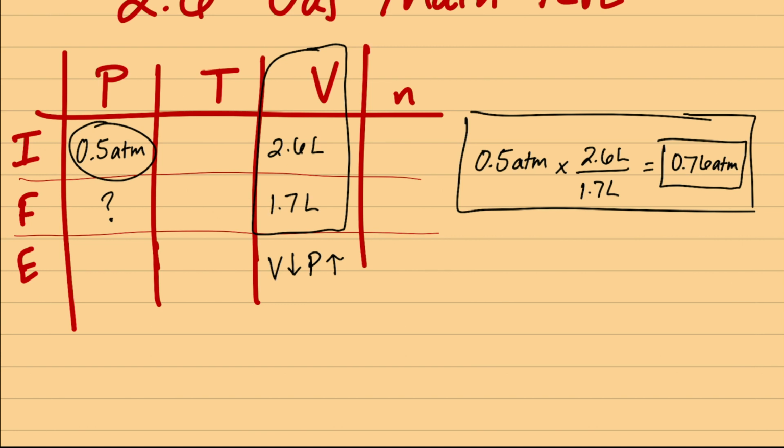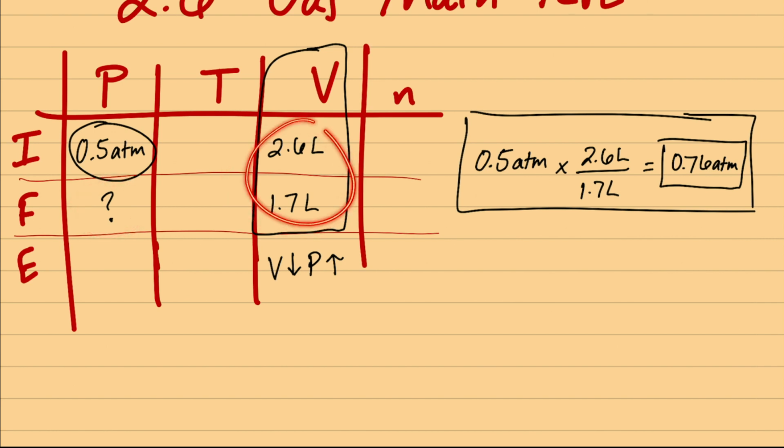Now, what I want to point out here is that it's not the case that we always put the initial on top. That is not the case. We have to think about what effect we're having on our pressure, or on whatever our question mark is. Right here, our question mark is final pressure. So I need to think, what effect is this change going to have on my pressure?